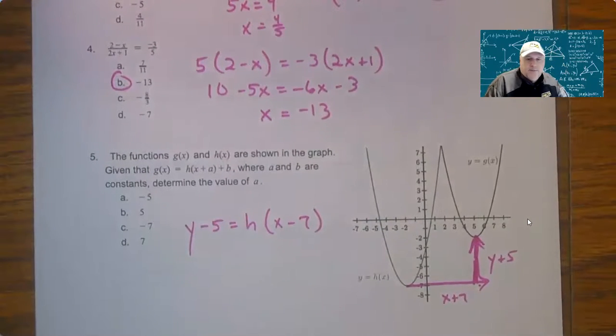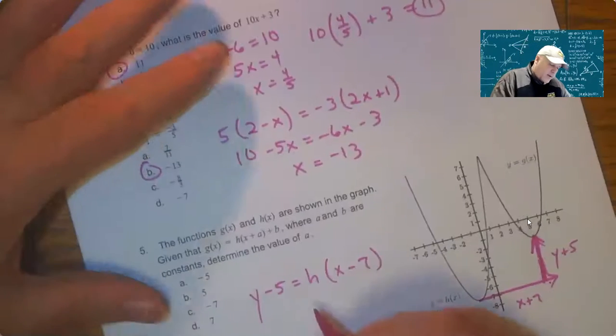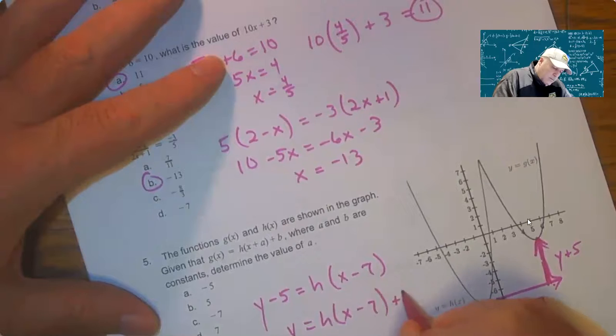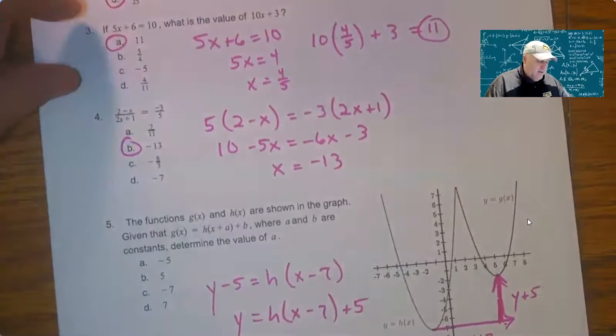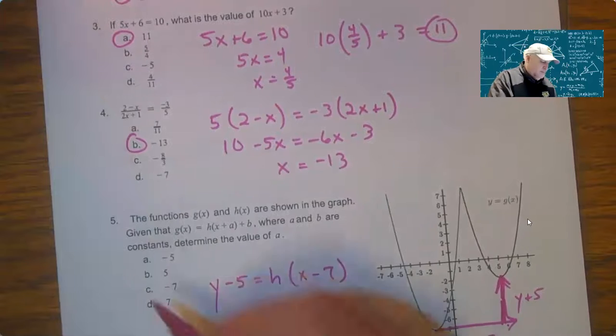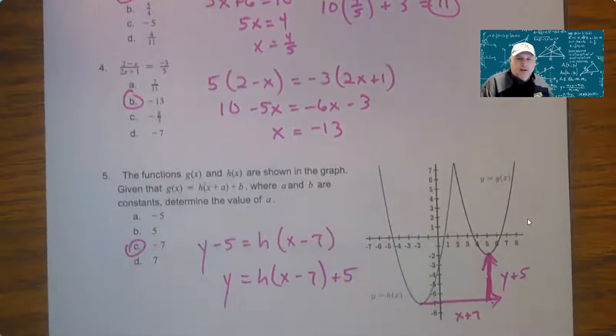That's what you would have. And so then you'd add 5 to both sides. So b would be 5 and a would be negative 7. So it just depends on what they're asking for in that problem.